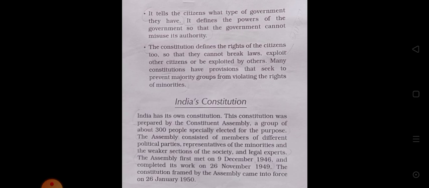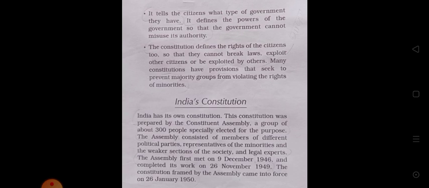Again, the constitution defines the rights of the citizens too. We, the ordinary people, also have some rights, but the constitution also limits the rights of the citizens, so we also cannot break the laws or exploit other citizens or be exploited by others.